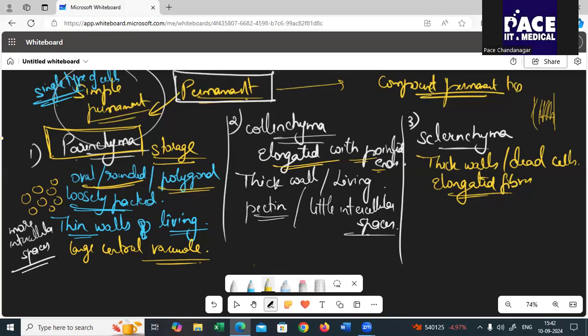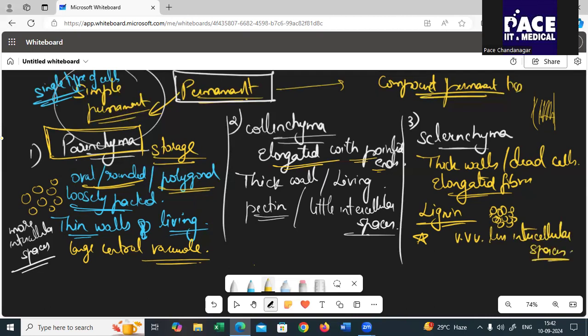And the cell wall has got lignin. Pectin there, here lignin is present in it, and there are practically no intercellular spaces, very, very less. That's the reason the bark of the tree is hard enough. It is not flexible, right? It is very hard, right?